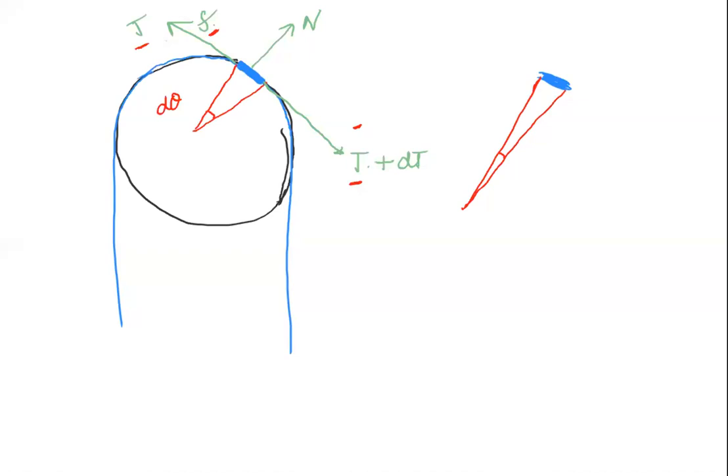I have taken the friction to be where I have written F. Now, if there is a friction in that direction, then there is an unbalanced force, because I'm telling you that everything is in equilibrium.